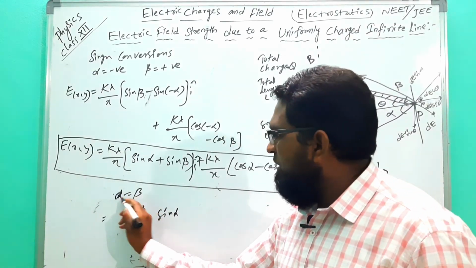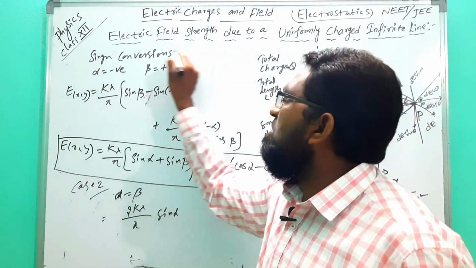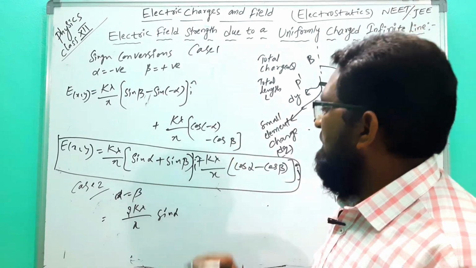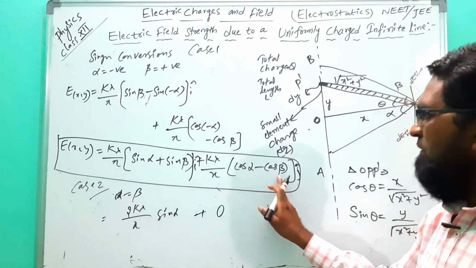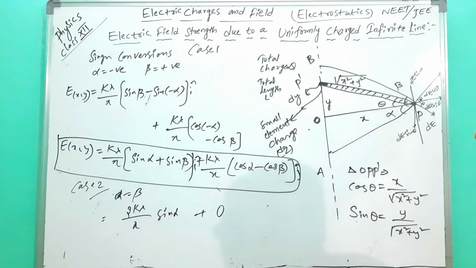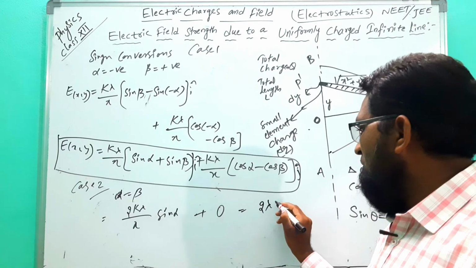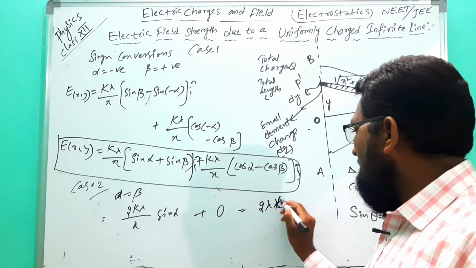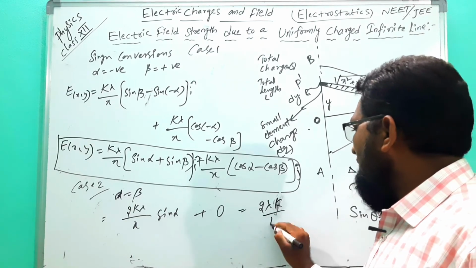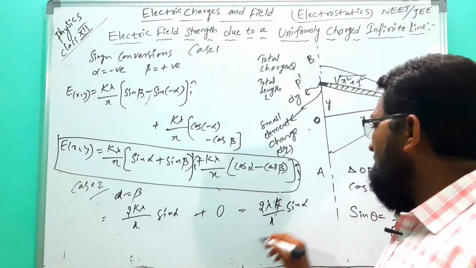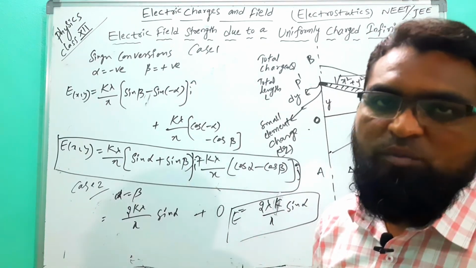I am talking about case 2. This is case 2, and that was case 1. Similarly the second term is 0. Why? Because alpha equals beta, the same angle comes. So finally, whenever alpha equals beta, E is 2 k lambda by x into sin alpha. This is an important E value when alpha equals beta.